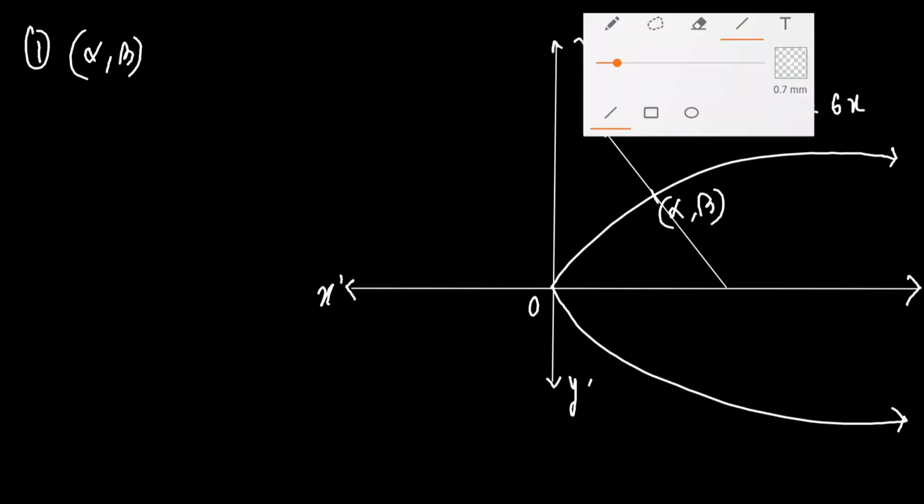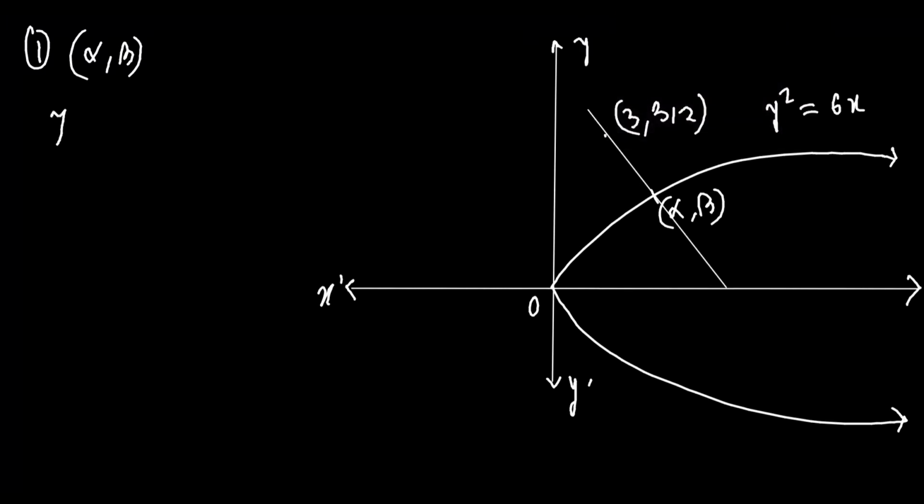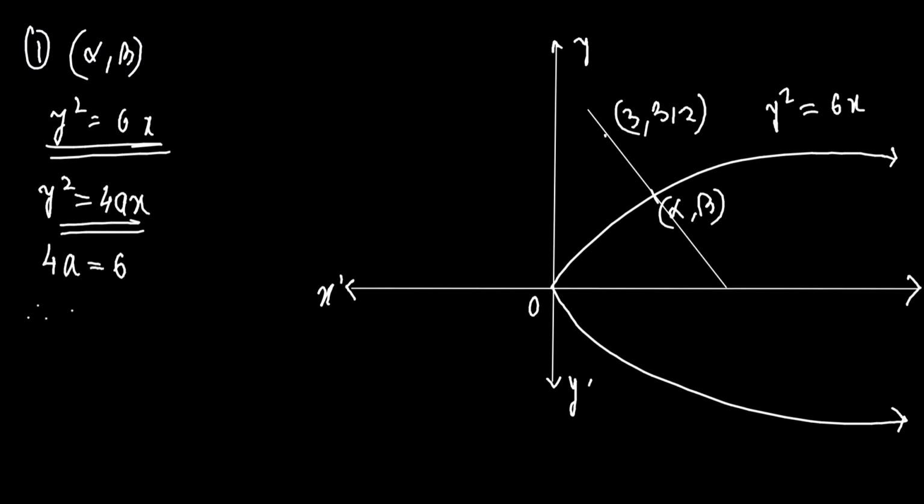Another thing from this, the given equation of the parabola is y square equal to 6x. If we compare this with the general equation, that is y square equal to 4ax, so here 4a is 6. So from this, a is 3 by 2.